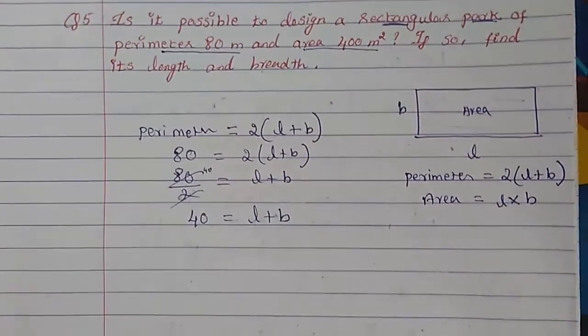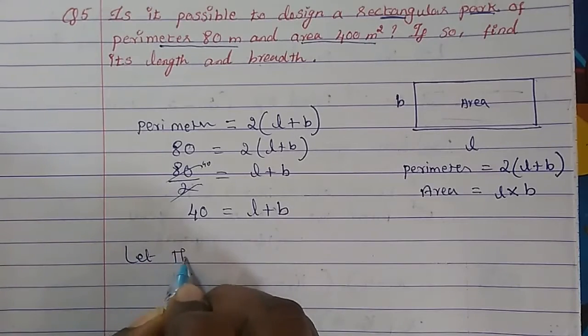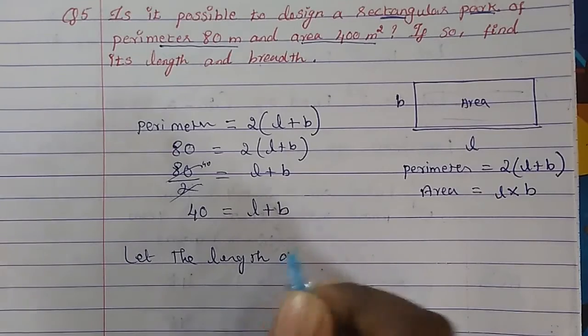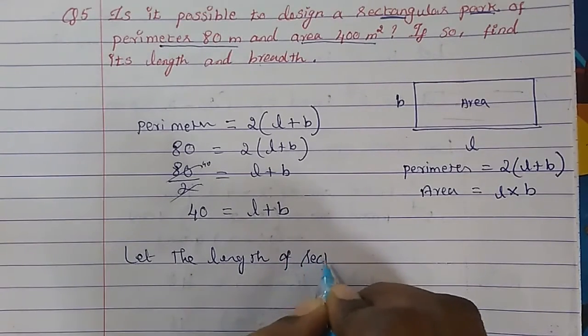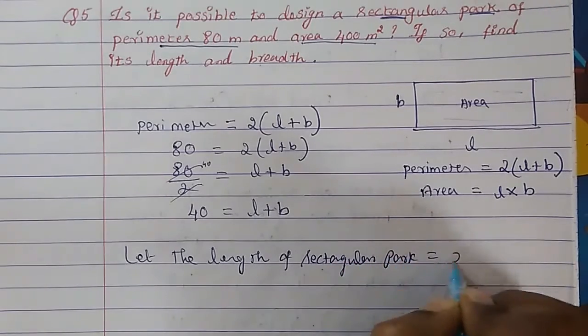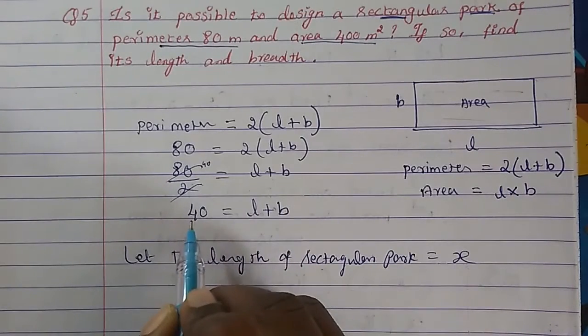So that means let the length of rectangular park be x, because together it is 40.